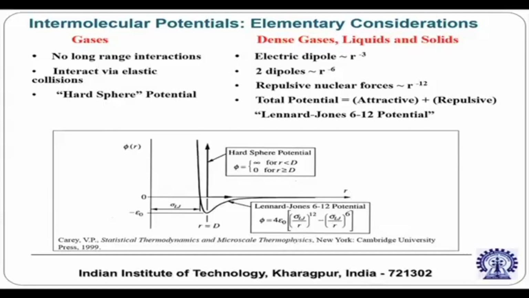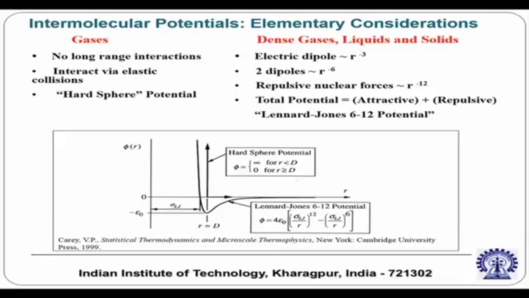So to compute the attractive and the repulsive components, you can see that the hard sphere model is the straight vertical line, but in a more practical model, as you look at the potential as a function of distance, you have first the repulsive potential, it comes down, comes to a minimum, and then as you go beyond a critical distance the potential becomes attractive, and in the limit as you go to infinite r this attractive potential goes to 0.